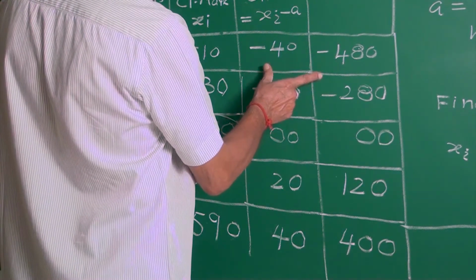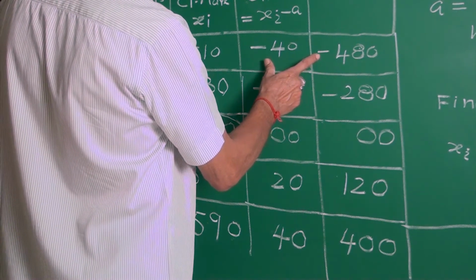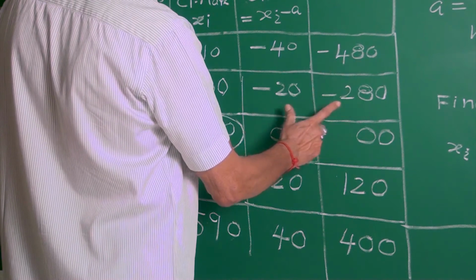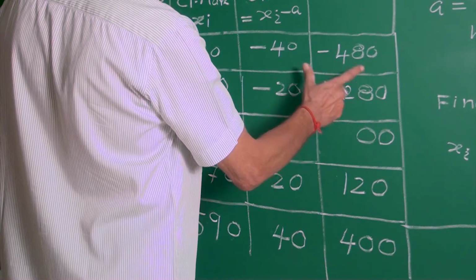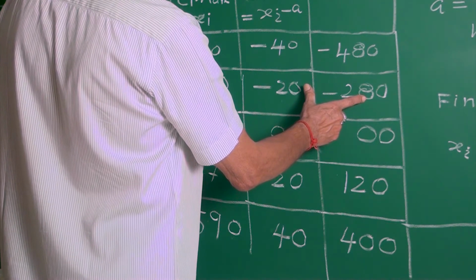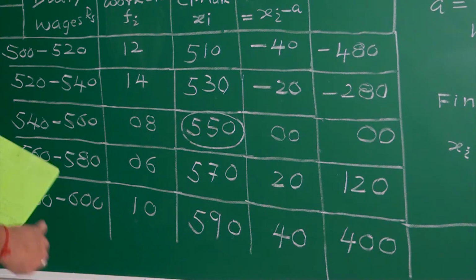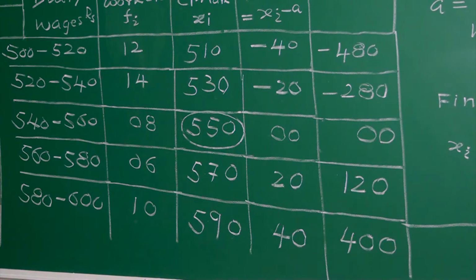Adding the negatives: minus 480, minus 280 gives minus 760.